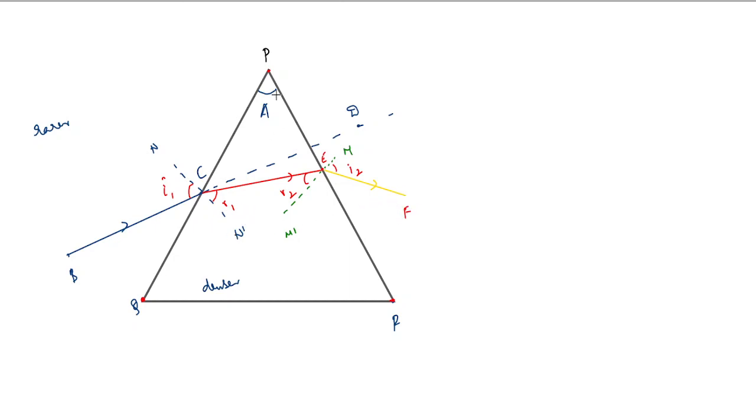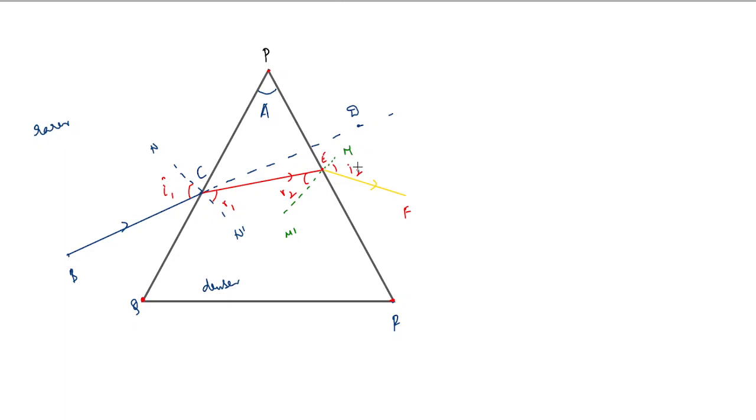So for the face PQ, BC is the incident ray and CE is the refracted ray. For the face PR, CE is the incident ray and EF is the refracted ray. For the entire prism, BC is the incident ray, CE the refracted ray, and EF is the emergent ray.